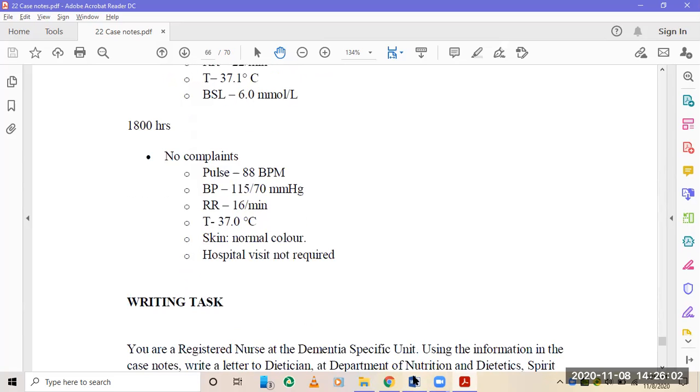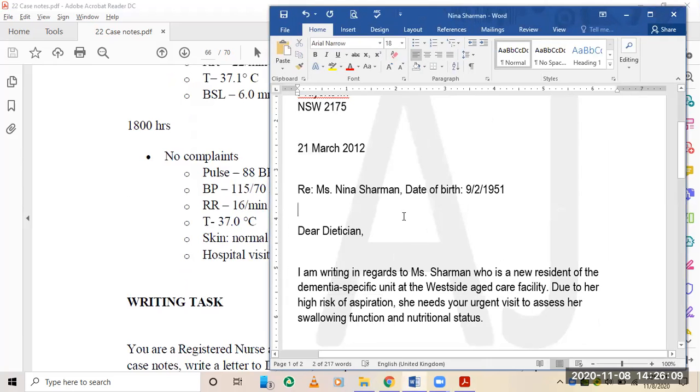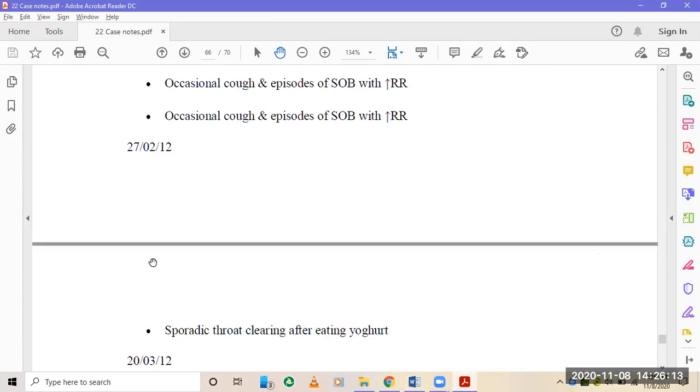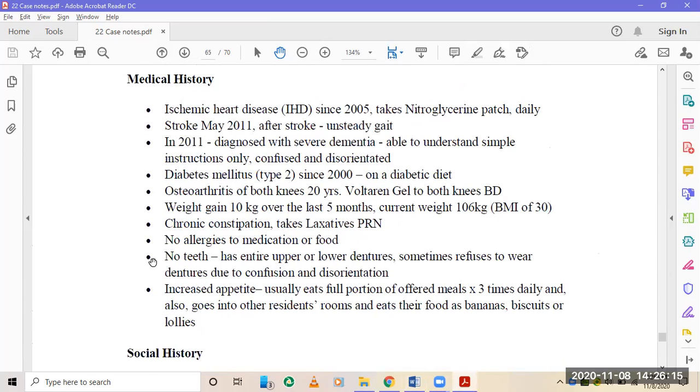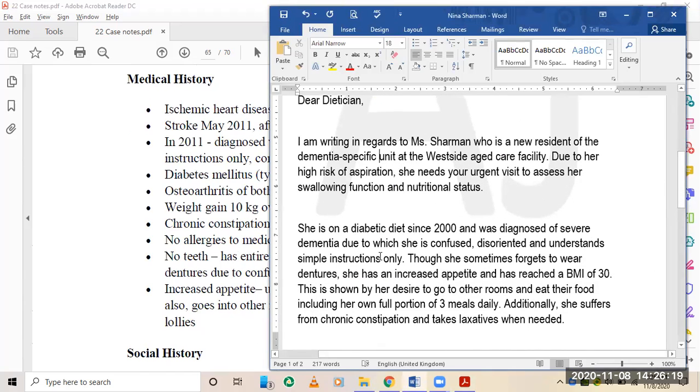Okay, let's see how the letter is made on the right hand side. So dietitian, yes. Then, yes, after that, medical history. So how are you making those sentences? Let's look at that. We are writing it in our own words.